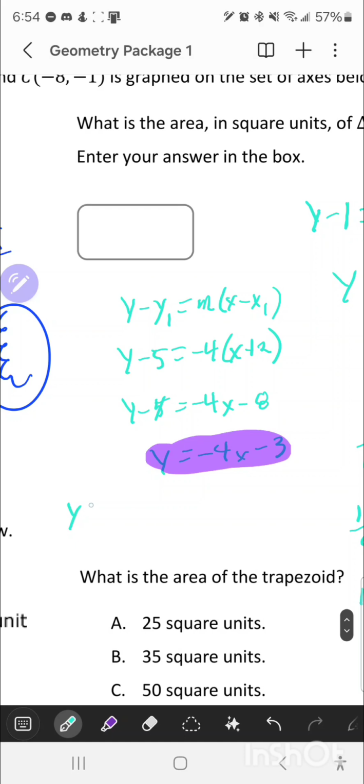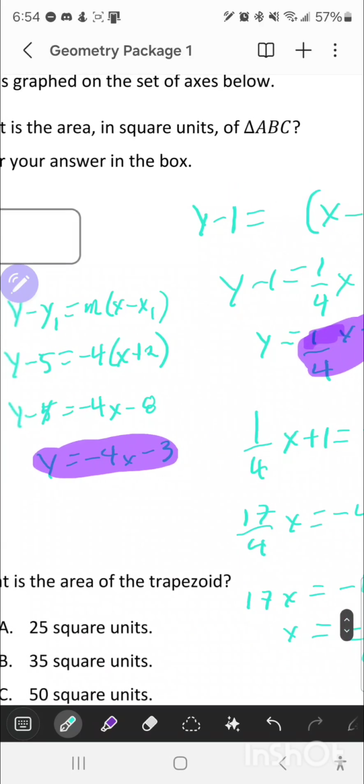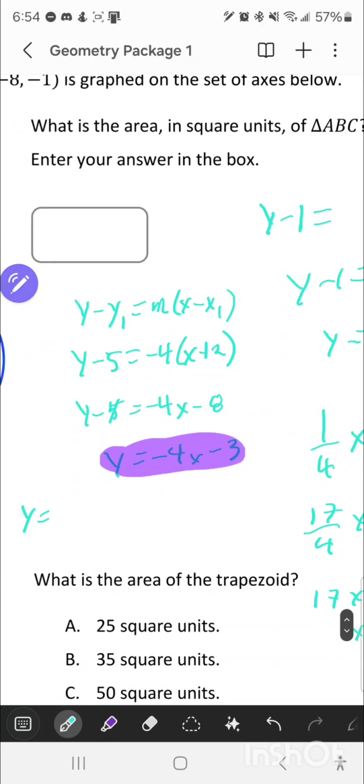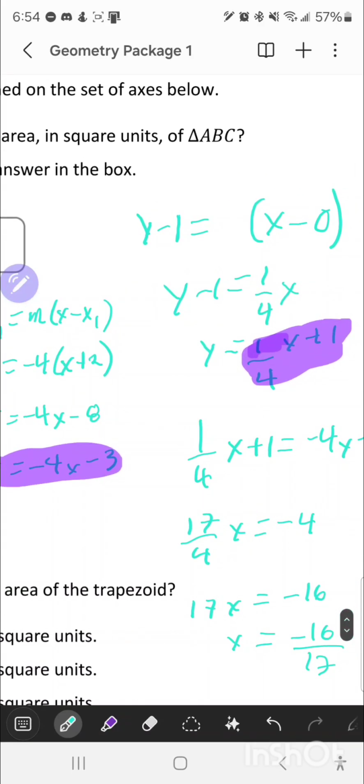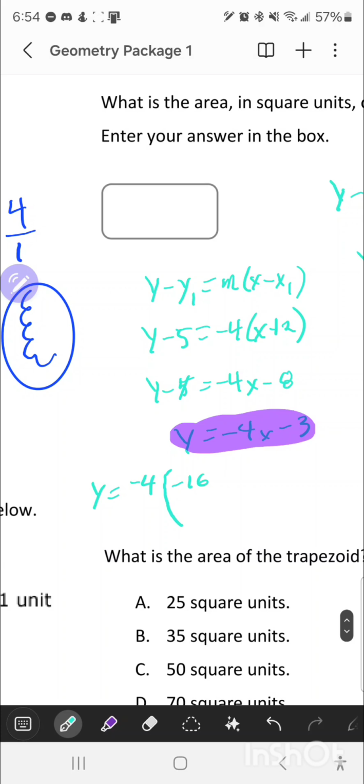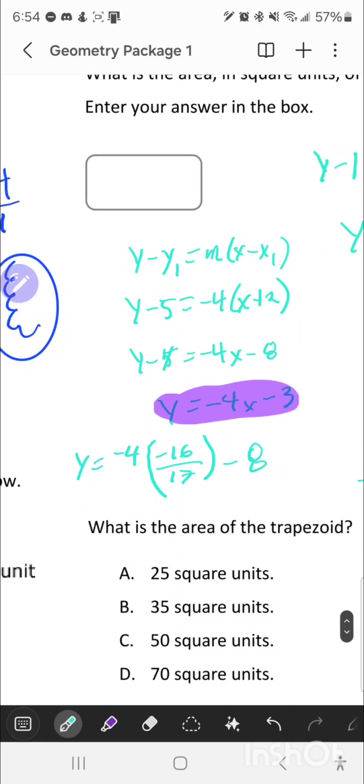I'm going to use this one. y equals negative 4 times, I'm going to substitute the value for x, negative 16 over 17, minus 8, minus a negative, so positive. 4 times 16 is 64, so 64 over 17 minus 8.